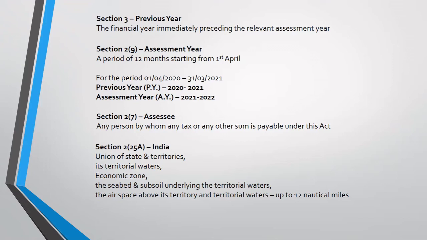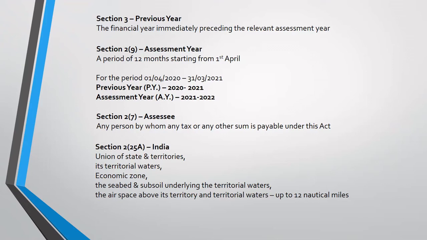For example, from 1st April 2020 to 31st March 2021 is your previous year. So, the financial year in which the income is earned, 2020 to 2021, is known as the previous year.